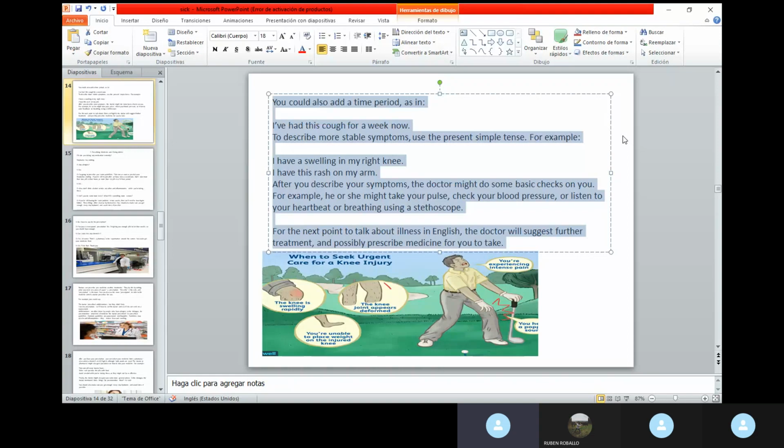For example, he or she might take your pulse, check your blood pressure, or listen to your heartbeat or breathing using a stethoscope. And for the next point, to talk about illness in English, the doctor will suggest further treatment and possibly prescribe medicine for you to take.